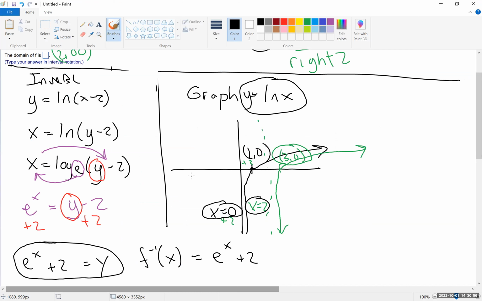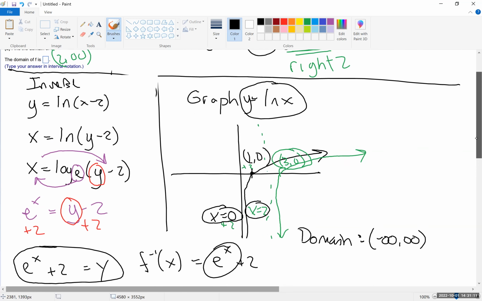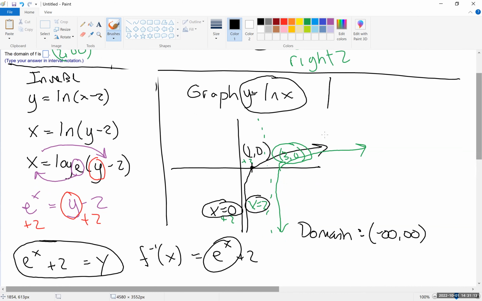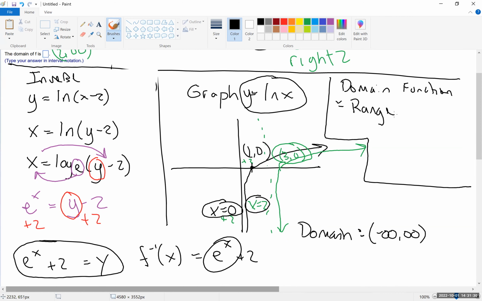So it asks for the domain. The domain of any exponential function is always negative infinity to infinity. However, we should also note, because you will be tested over this multiple times on your exam, that the domain of the function is equal to the range of the inverse.